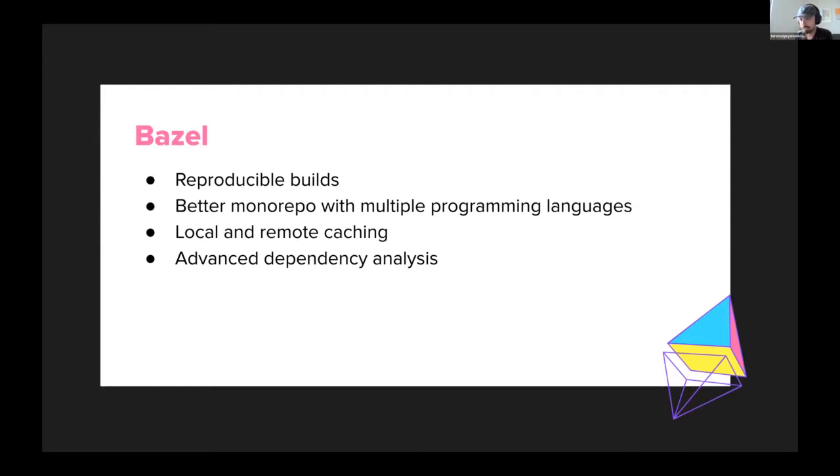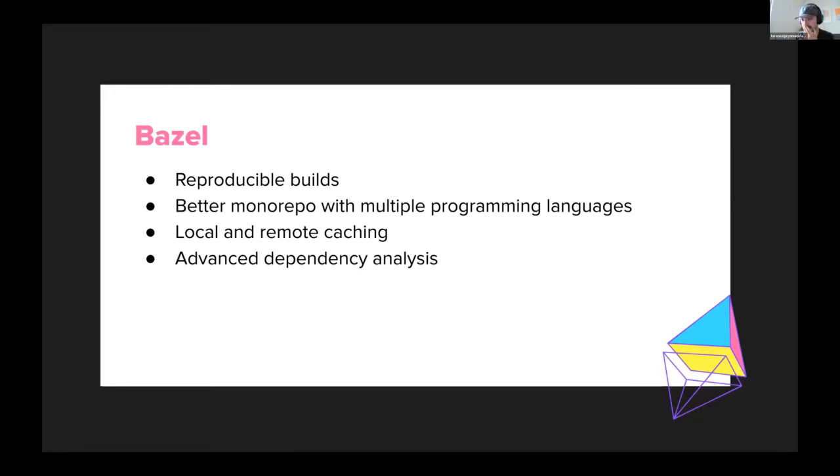Say today you have a bug introduced because the developer environment is different from others. We don't have to worry about a bug being introduced because of the developer environment being different from the user's. And we also don't have to worry about messy dependency management when dealing with a mono repo with multiple programming languages. Bazel also solves that.